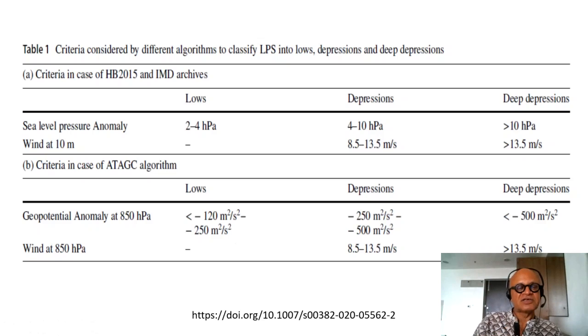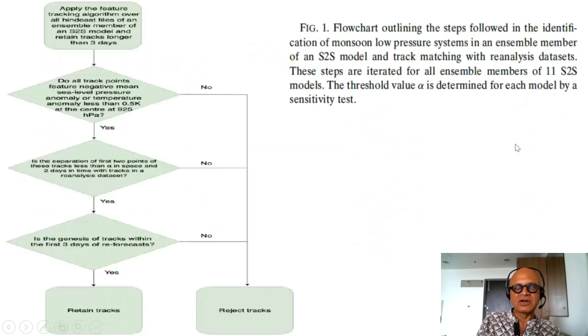The anomaly is obviously negative for a low pressure cyclonic system. Under depressions it's minus 250 to minus 500, but now you also have a wind speed criterion of 8.5 to 13.5. For deep depressions they are deeper than minus 500 meters squared per second squared in the geopotential anomaly, and in the winds it's greater than 13.5, which is similar.